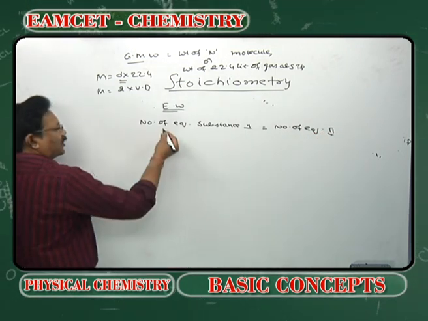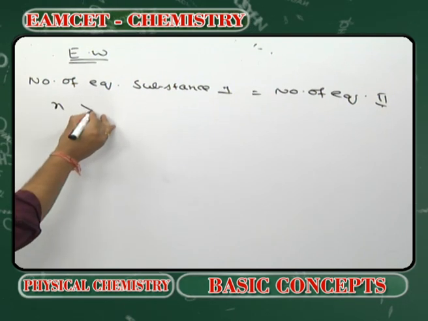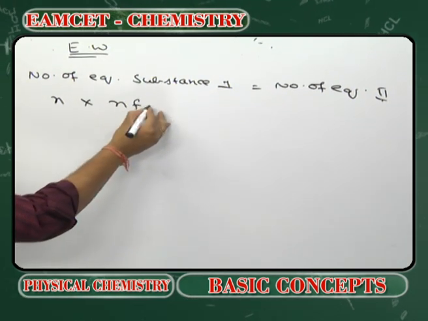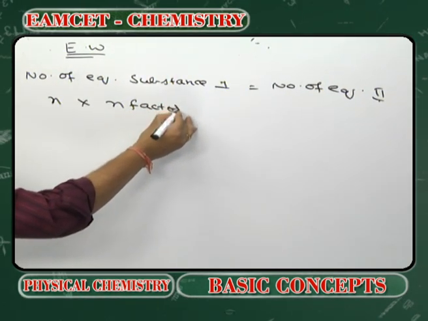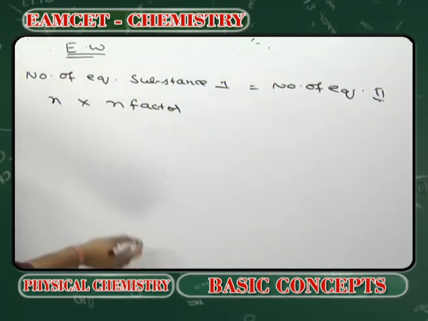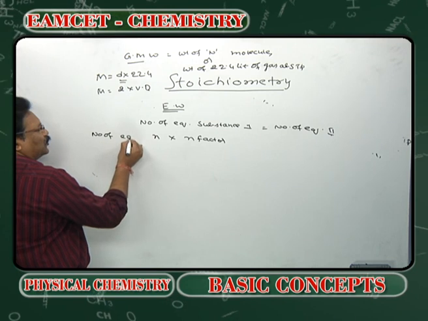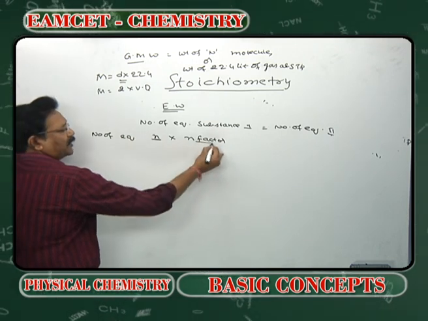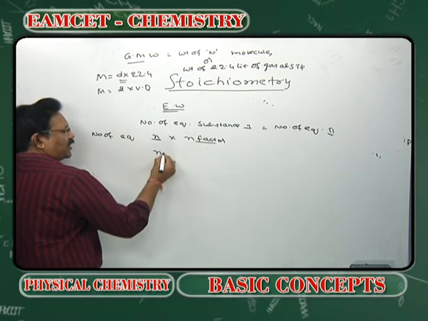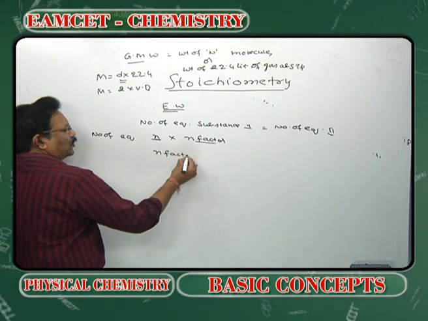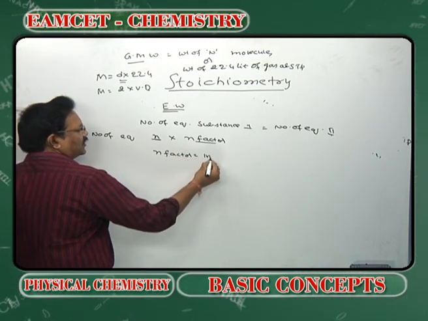How do you get the number of equivalents? Number of equivalents is equal to number of moles multiplied by n factor, where n factor is equal to molecular weight by equivalent weight.